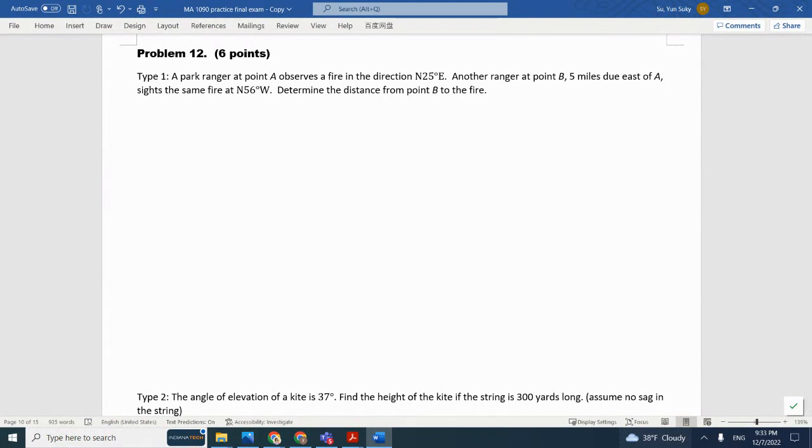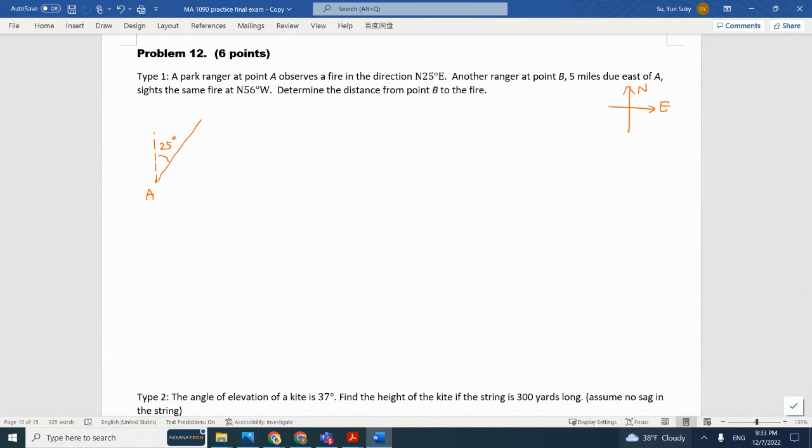A park ranger at point A observed a fire in the direction north 25 degrees west. So north is up, east is to the right. So let's say A is right here. Fire, so north is the top one. Okay, let me make it better. 25 degrees west.